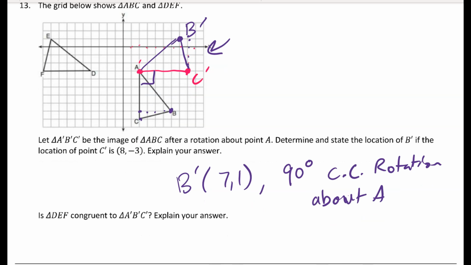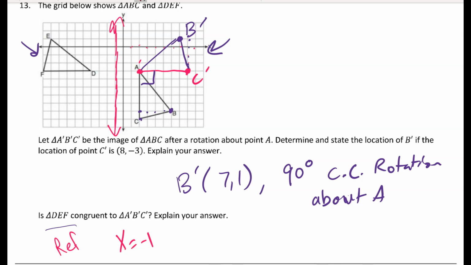Now the question is, is triangle DEF, that one right there, congruent to triangle A prime B prime C prime? Well, if you can describe a series of rigid motions that would map them onto one another, then you'd have an argument that these triangles are congruent. So I'm noticing that there's this potential line of symmetry at, let's say, x equals -1.